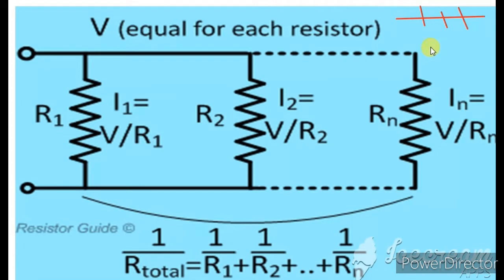Here we are going to connect them in this way, R1, R2 and R3, and if you are connecting the three resistances like this, that means they are parallel resistances. Okay, so we have to know the difference between series and parallel while you are drawing your diagram.